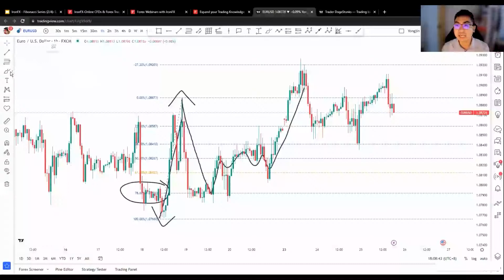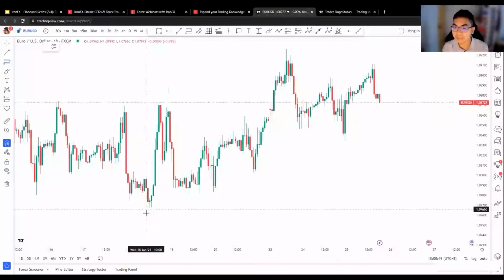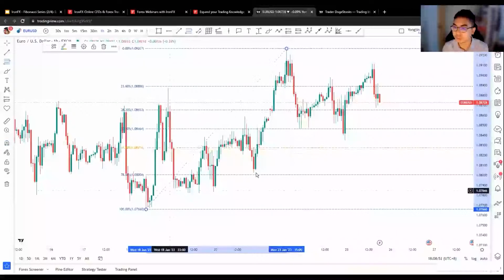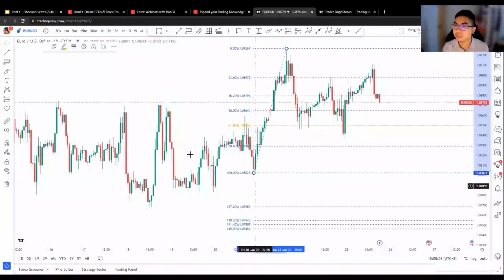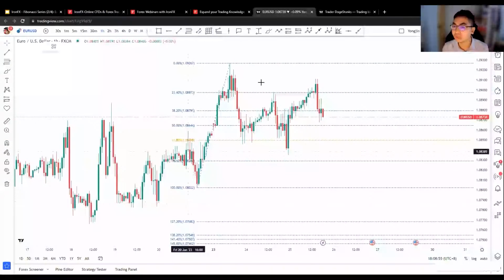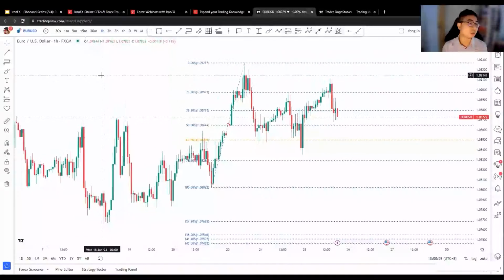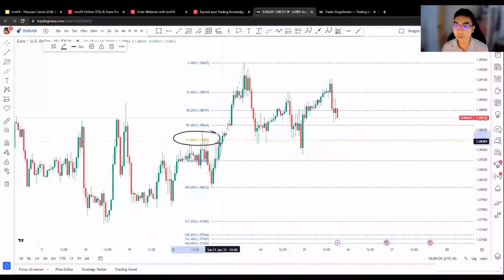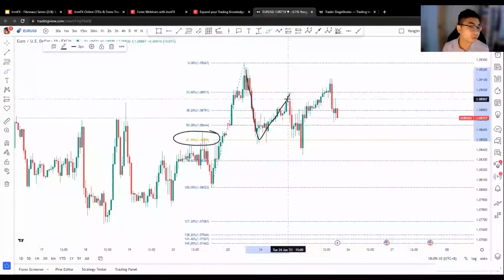So you can expect, let me show you an example. Maybe I should draw from here to here, because this is a significant swing low to a significant swing high. You'll notice that algorithms, or should I say the 61.8% golden Fibonacci line, usually price comes back down and reacts off very strongly on it.